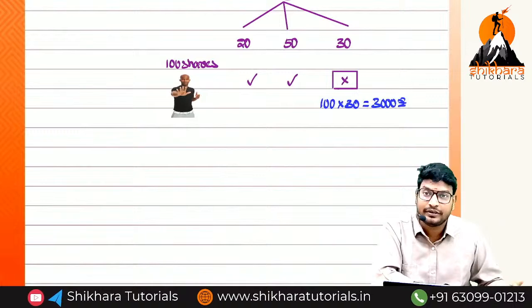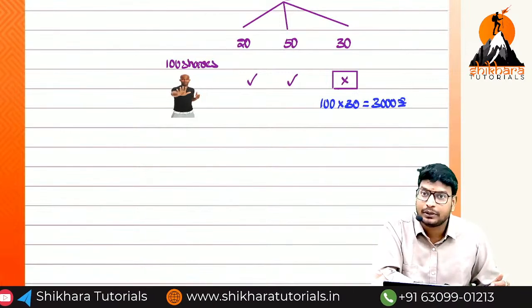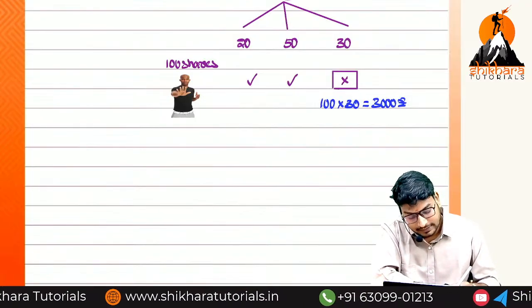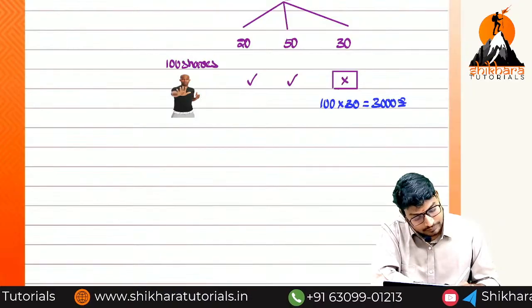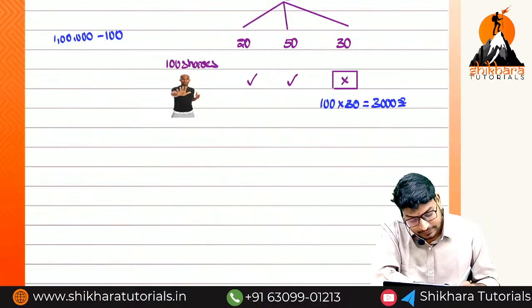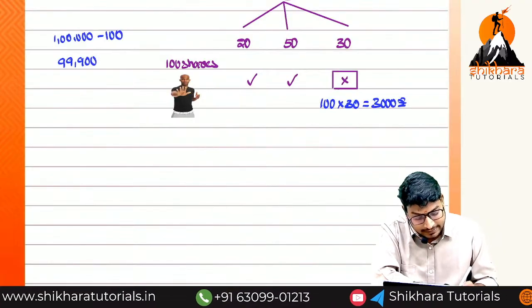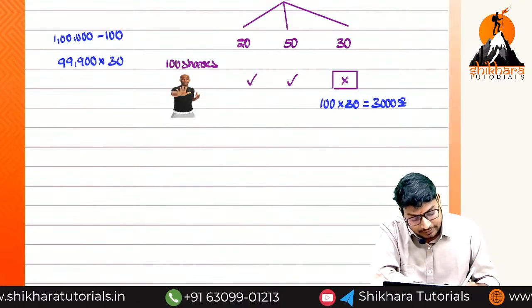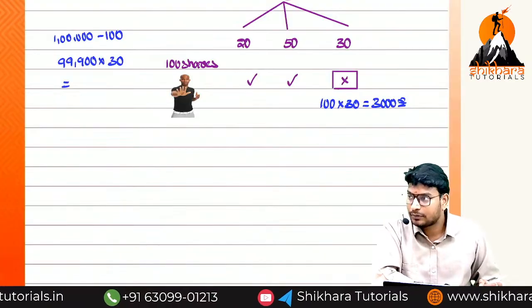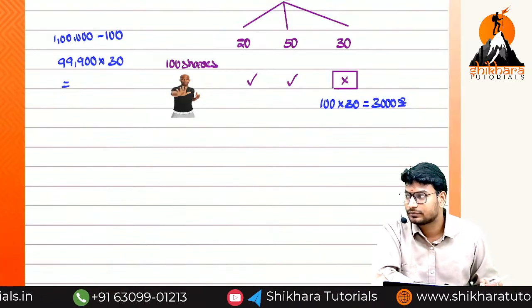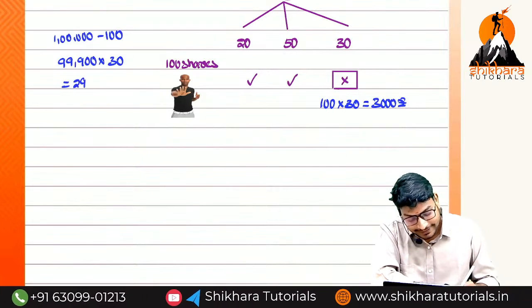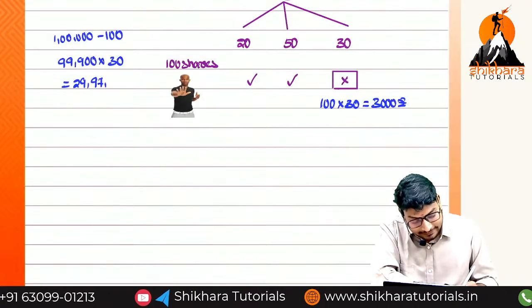That means how much amount have we received? 1 lakh minus 100, that is 99,900, into 30 that we have received. 99,900 into 30 is equal to 29,97,000.